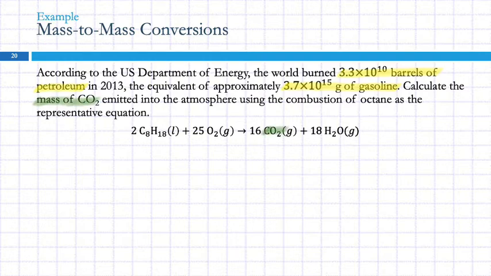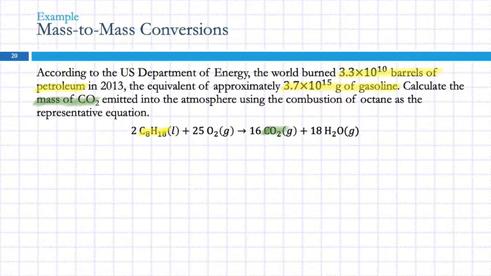So CO2 is the thing we're trying to find out something about. And now this is talking about petroleum and gasoline, and neither of those are in here. This is not typically how the questions end up being, but it says use the combustion of octane. So this is what we're referring to for this mass.